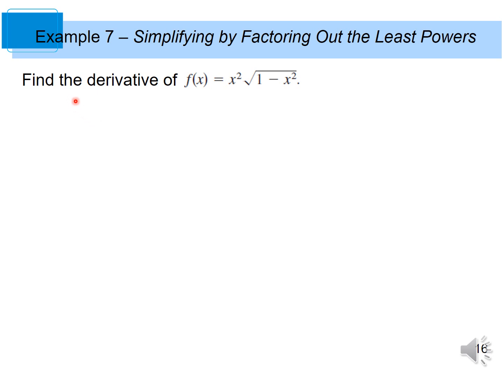Look at this example. Find the derivative of f(x) equal to x squared times radical 1 minus x squared. This function is in product form. We write the original function, and after that convert the radical 1 minus x squared to the power rule form.